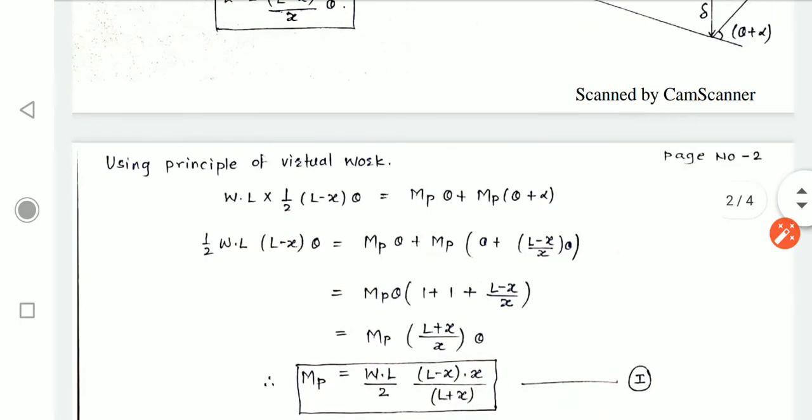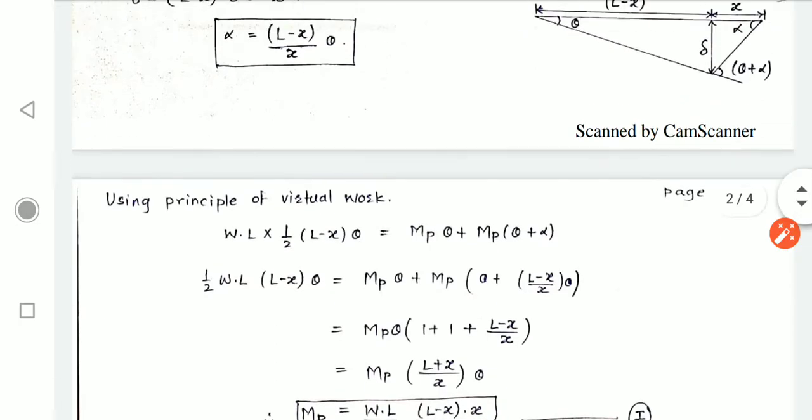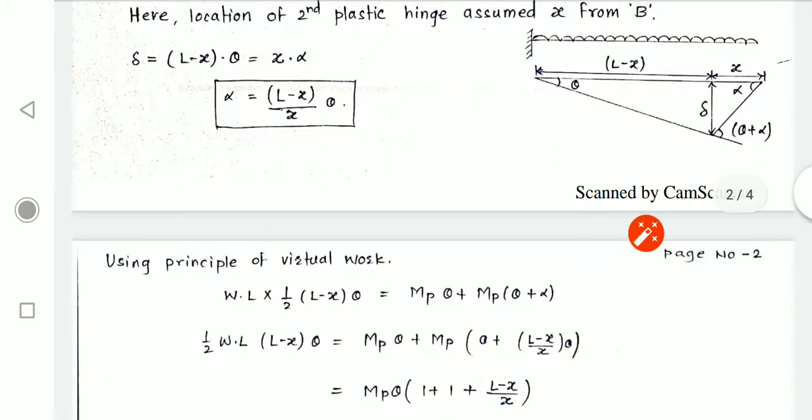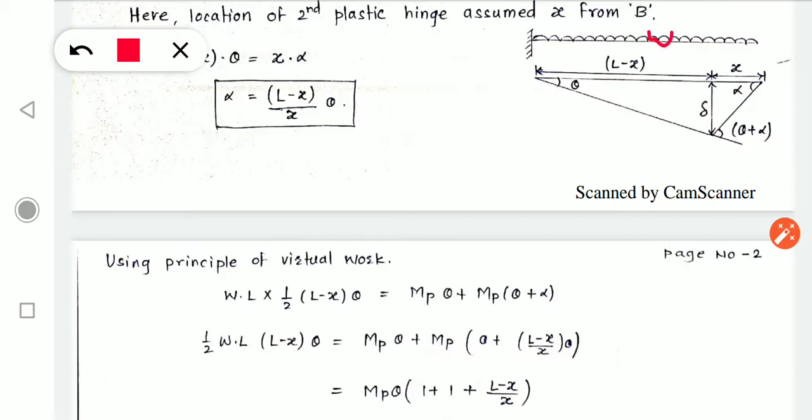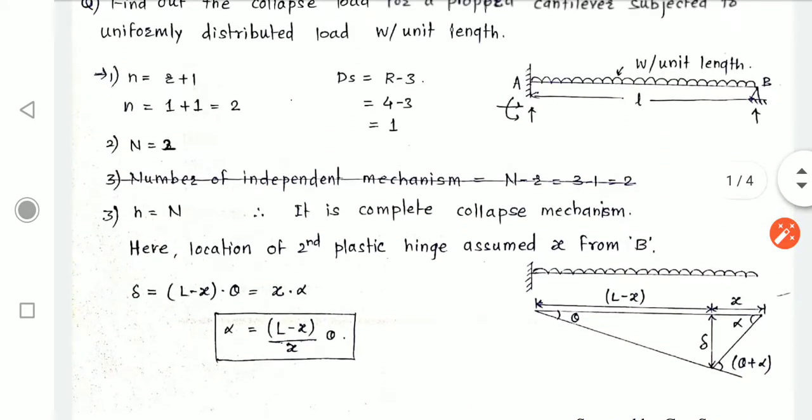Now next step is simple. Fourth step is using principle of virtual work. For that we require a diagram. So see, load will be W into L, W into L into deflection. We wrote WU into what we have said.